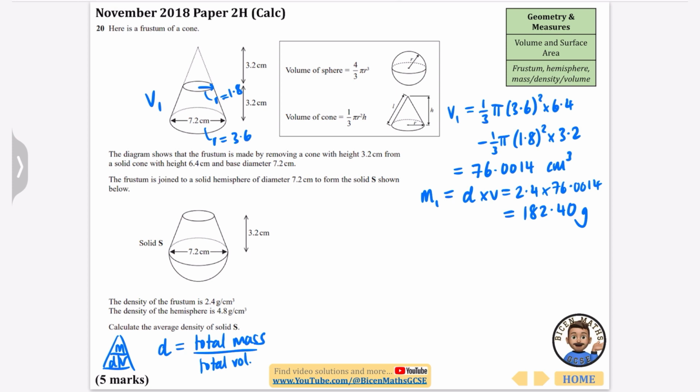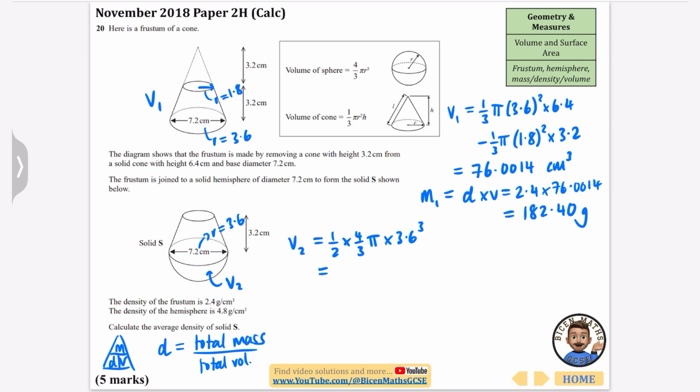Now I'm going to call the hemisphere that we've got at the bottom V2. So the hemisphere, which is V2, the volume is going to be 1/2 of the volume of a sphere. So it's going to be 1/2 of 4/3 pi times r cubed. Now the radius is going to be 1/2 of that, which is 3.6. So it's going to be that multiplied by 3.6 cubed.